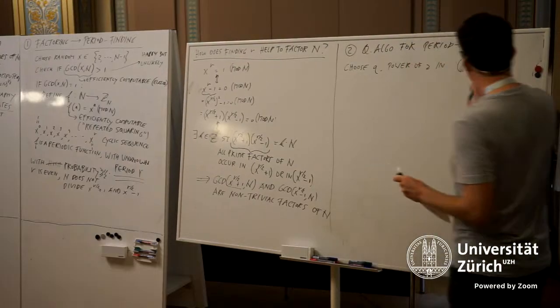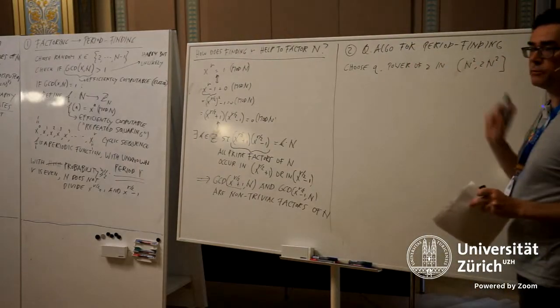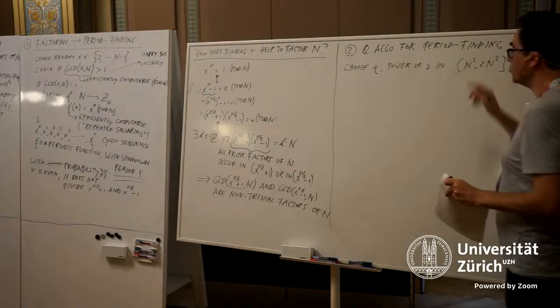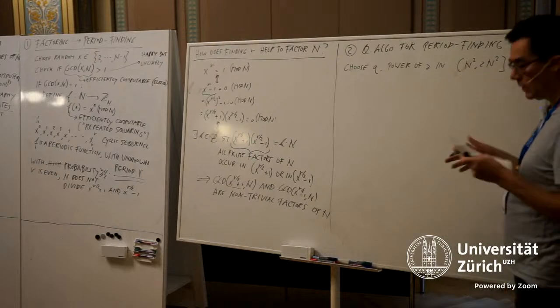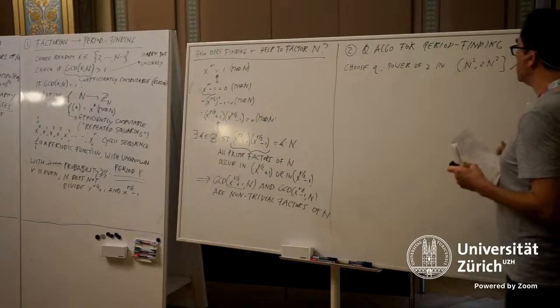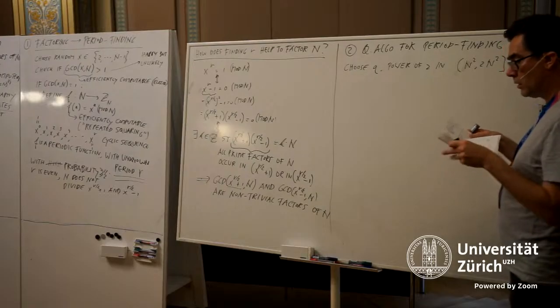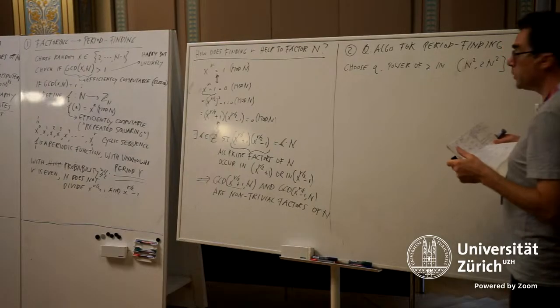This is an interval where the upper and lower bound differ by a factor of 2. So there's going to be a unique power of 2 in this interval, and you can efficiently find it. And in fact, this is going to be the dimension of the Fourier transform that we're going to use.